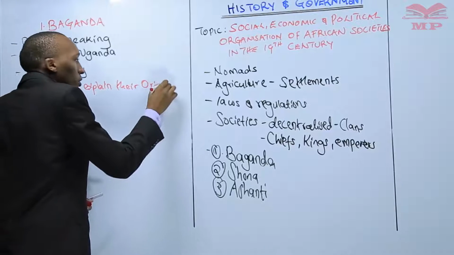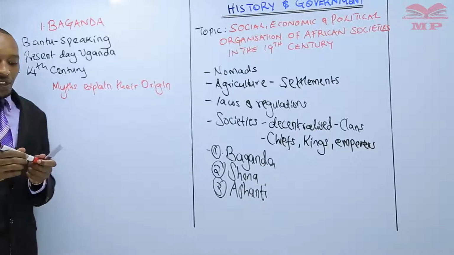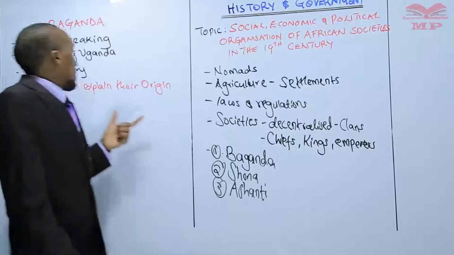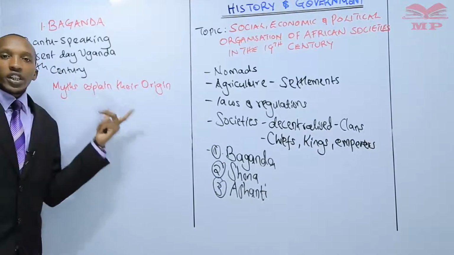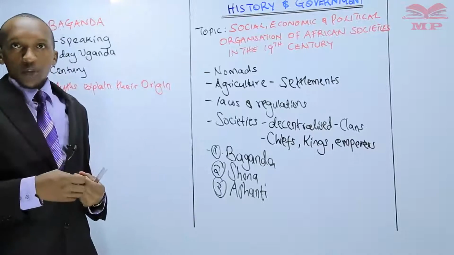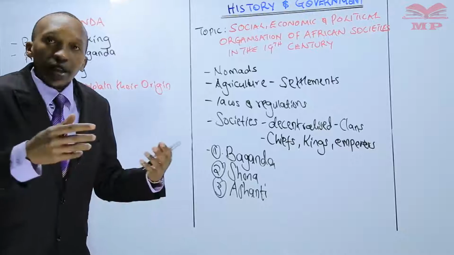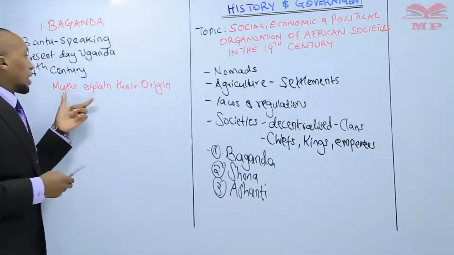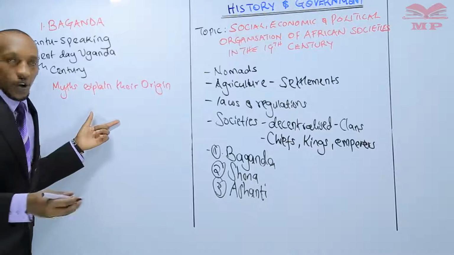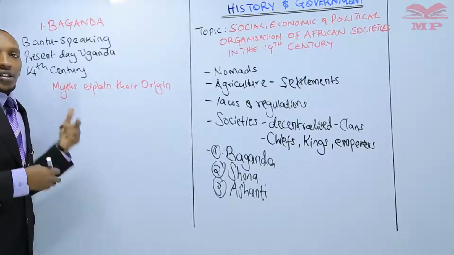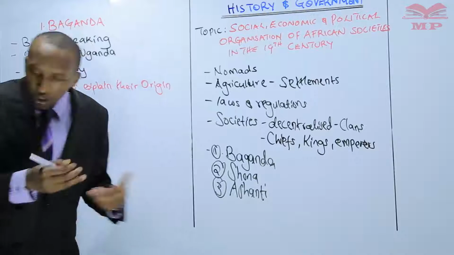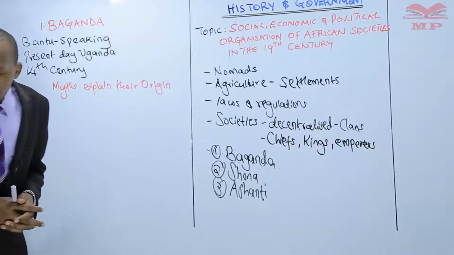Each community or society has a story to tell of where they came from, as you have discovered in your previous learning. The Baganda are not different. A myth is a story, an explanation of their origin.